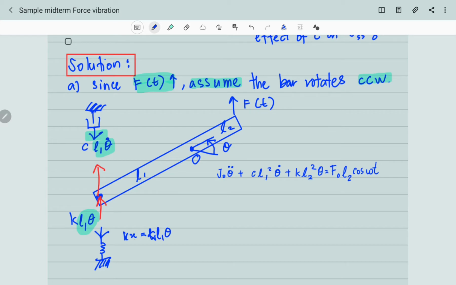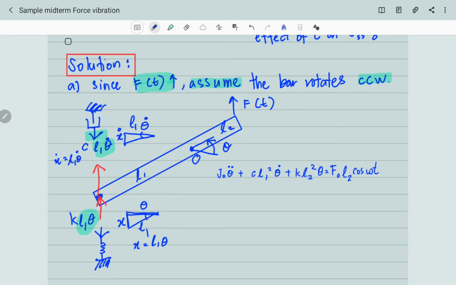Your x is equal to L1 theta because you convert it from linear to a kind of small triangle, if you remember. This is x, this is L1, like the radius of this small triangle. That's why your x is equal to L1 theta.